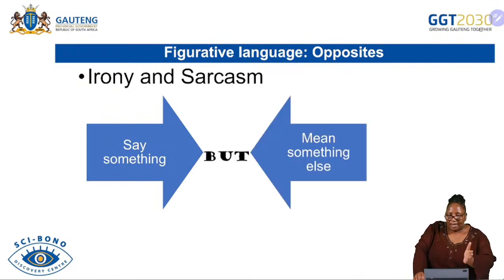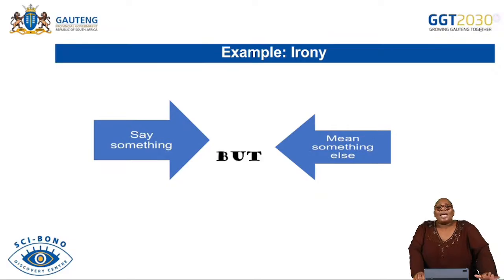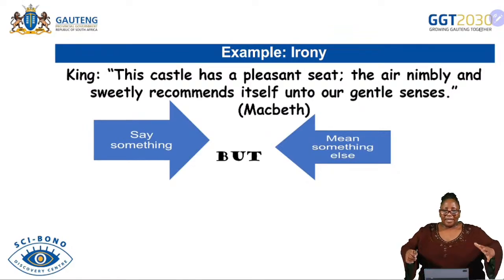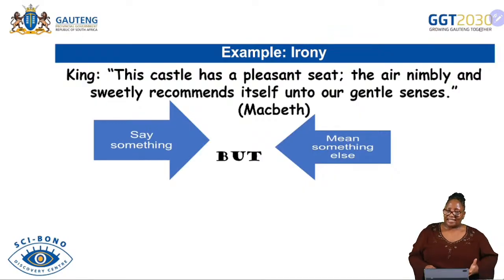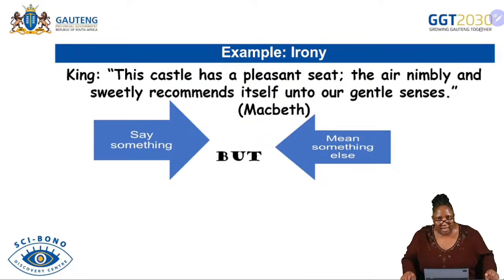When you say something but you mean something else. An example of irony. This castle has a pleasant seat. The air nimbly and sweetly recommends itself unto gentle senses. Who's speaking here? It's King.